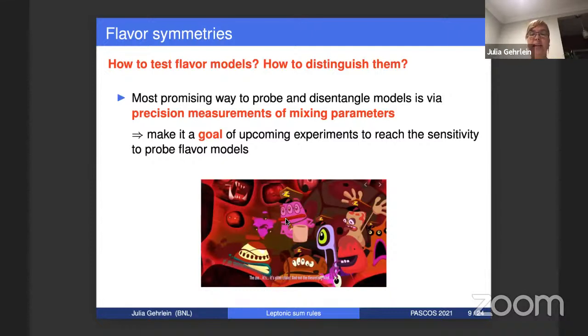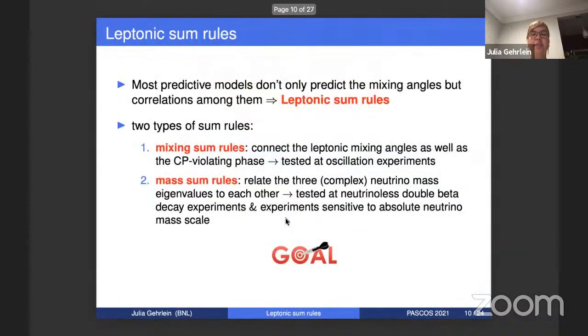So we should really make it the goal of the upcoming neutrino oscillation experiments to reach the sensitivities to probe flavor models. It turns out that the most predictive models not only predict the mixing angles, but they also predict correlations among the mixing parameters, and these are leptonic sum rules. There are two types of sum rules in the literature.